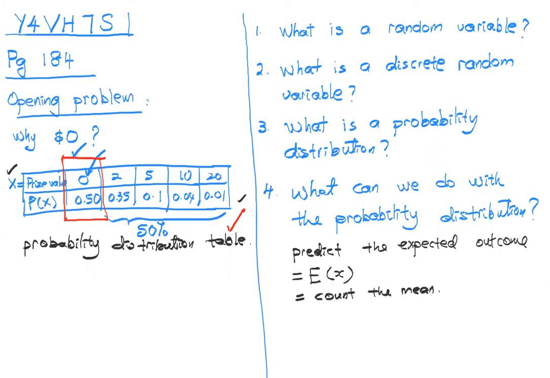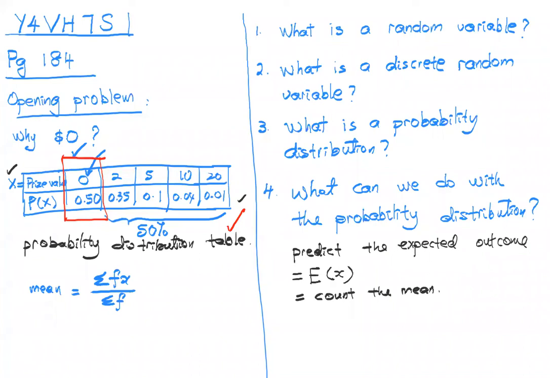Can you please take out your calculator and start to count? How to count the mean? Still remember? The formula to count the mean is sum of fx over sum of f, correct?